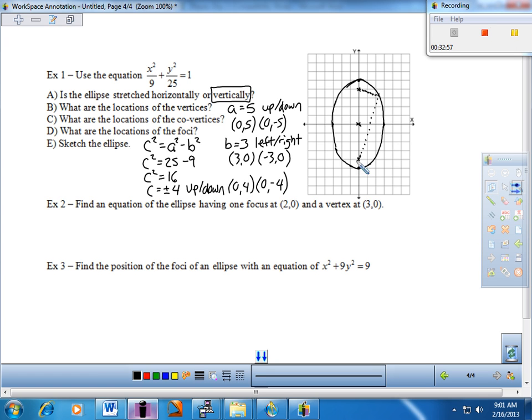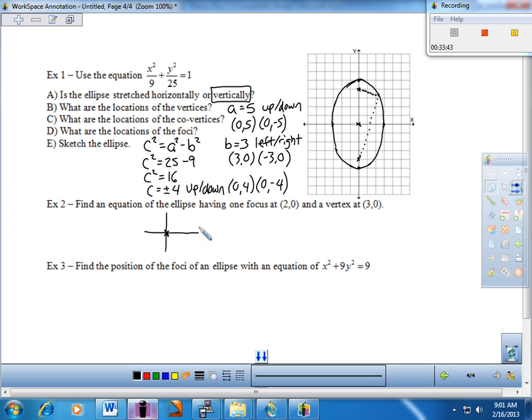Example 2. Find an equation of the ellipse having one focus at (2, 0) and a vertex at (3, 0). Sounds good to me. I'm going to tell you all through this unit, be visual. So for center, we're going to assume center at the origin.